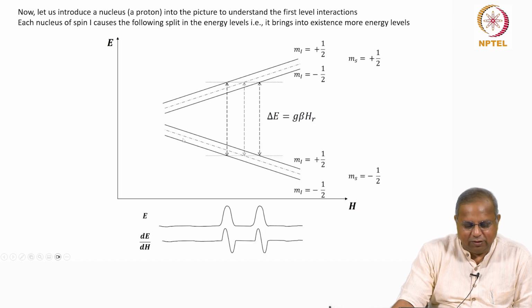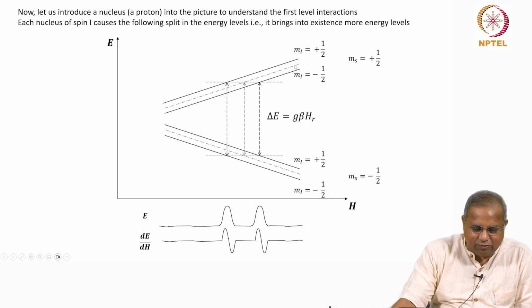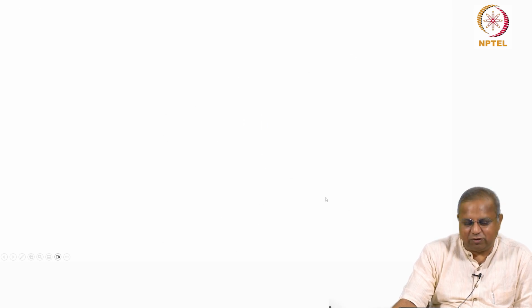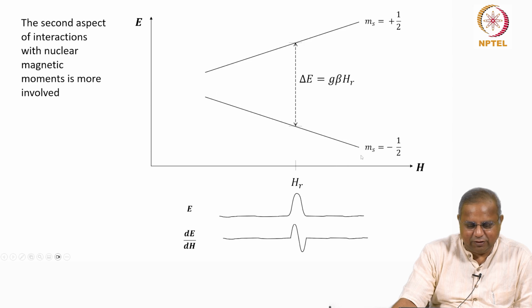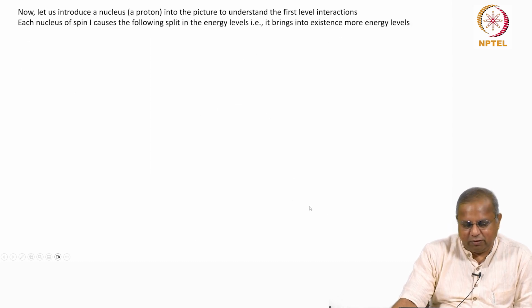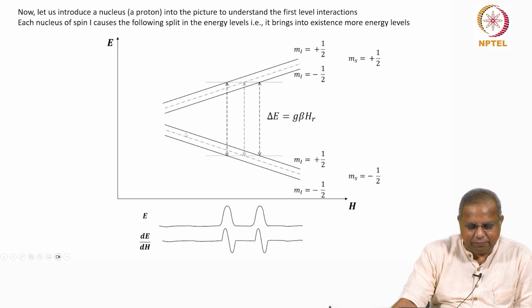Look at this dotted line, those are the initial values that we talked about in the absence of the proton. The electron energy levels in the absence of the proton. Now you bring in a proton, one proton.